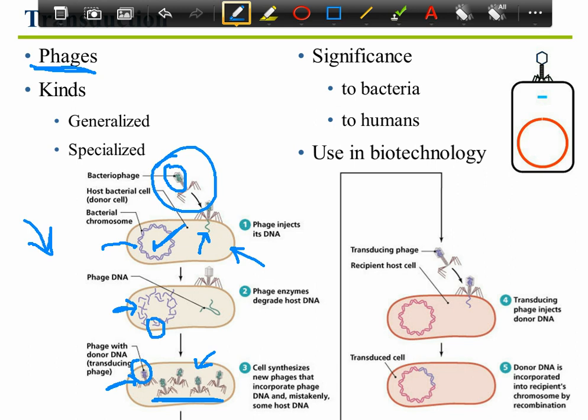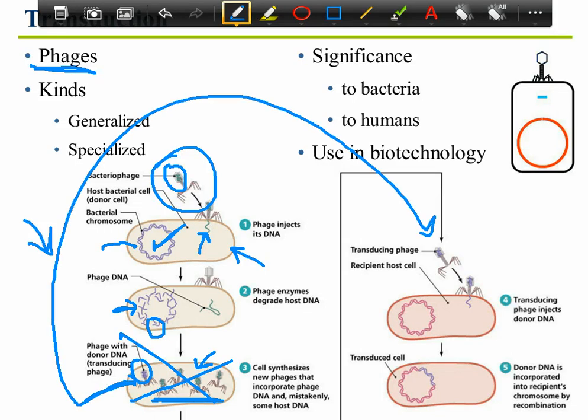Now, this cell is a goner, okay? He's dead because the viruses are now going to burst out. Each of these other viruses goes out to infect new cells. But think about this guy right there. He now tries to infect a new bacterial cell, but he doesn't have the right viral genetic information to do so.